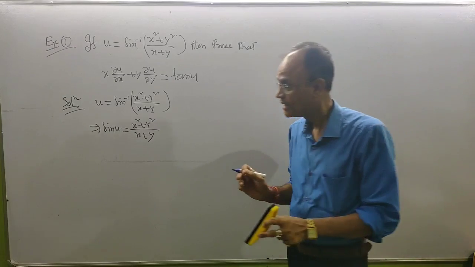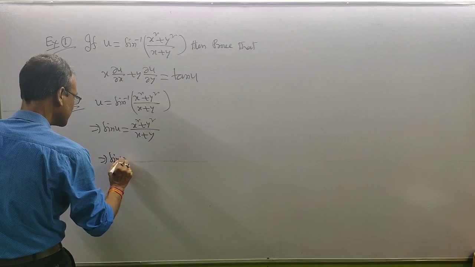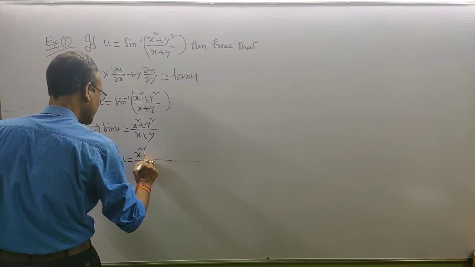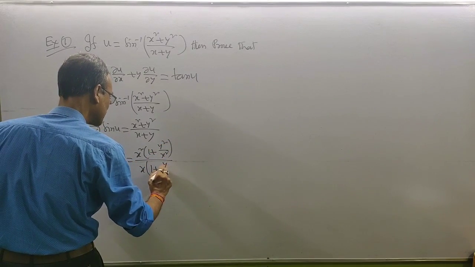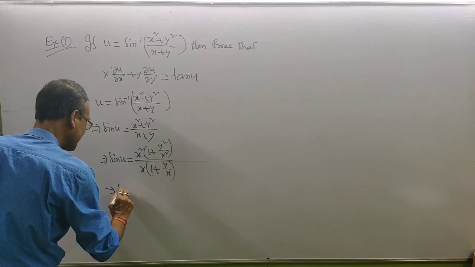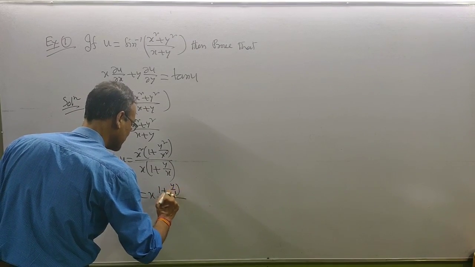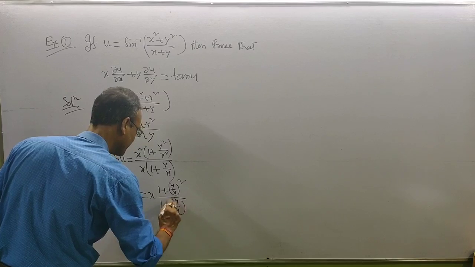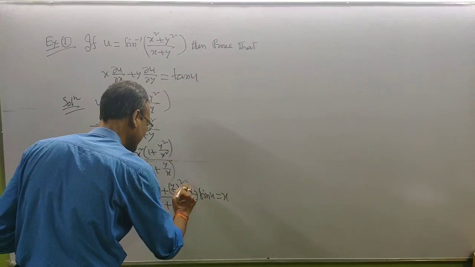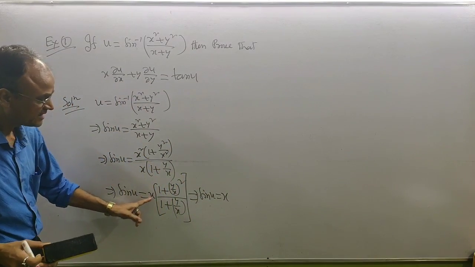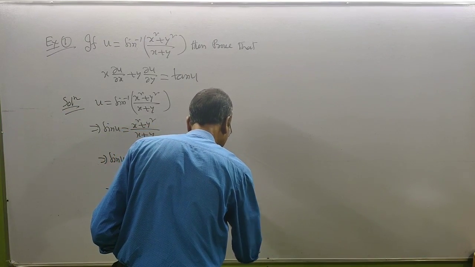This means sin u equals x square into (1 plus y square by x square) divided by x into (1 plus y by x), or sin u equals x into (1 plus y by x whole square) divided by (1 plus y by x). This means sin u can be written as x into a function of y by x.